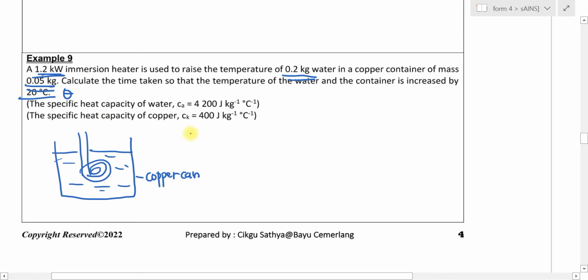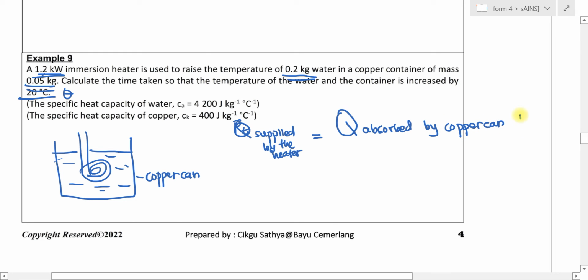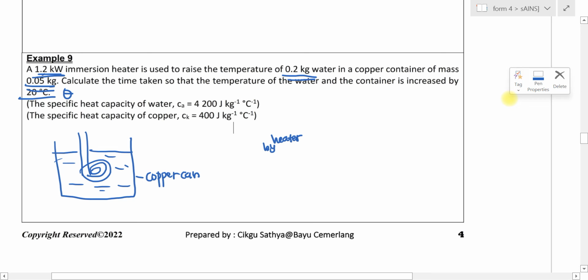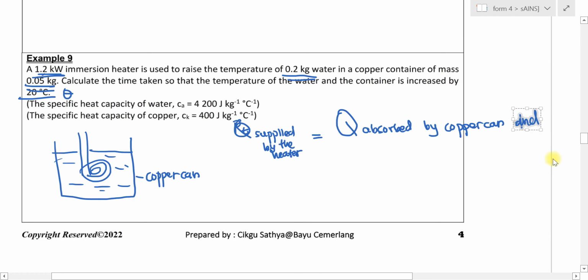So this is the theta, definitely. So saya rasa macam ni lah. The heat energy supplied by the heater is equal to the heat energy absorbed by copper can, and, or I put plus lah.